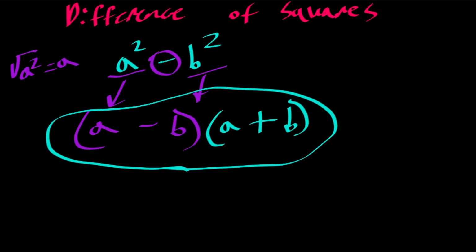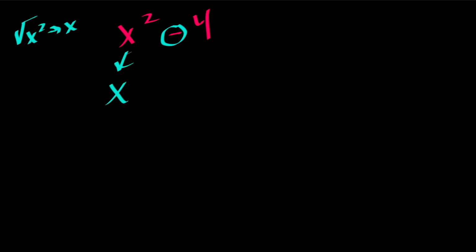So now let's look at a problem. Let's say I have x squared minus 4. Once again, in our setup, we're looking for subtraction, and then two perfect squares. The square root of x squared is x, so that is a perfect square. Then I look at 4 and say, what's the square root of 4?